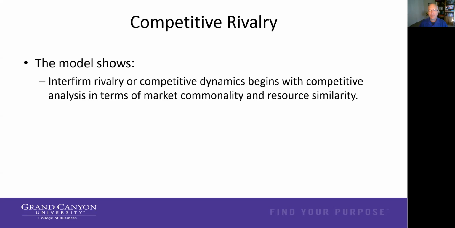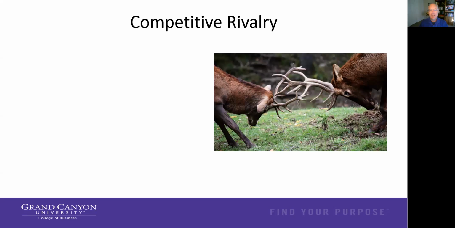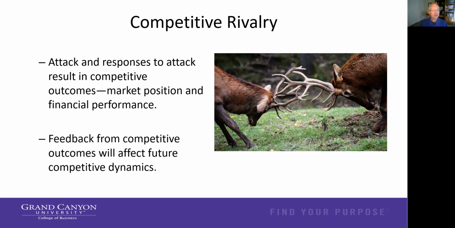Market commonality and resource similarity affect the drivers of competitive behavior, firms' awareness, their motivation, and their ability to attack or respond. Attacks and responses to attacks result in competitive outcomes. Market position and financial performance are those outcomes. Feedback from competitive outcomes will affect future competitive dynamics.